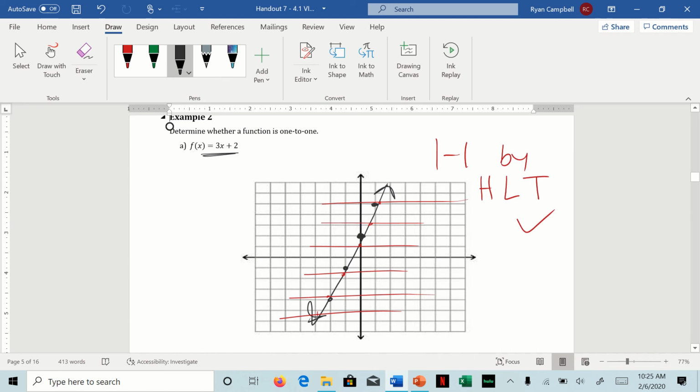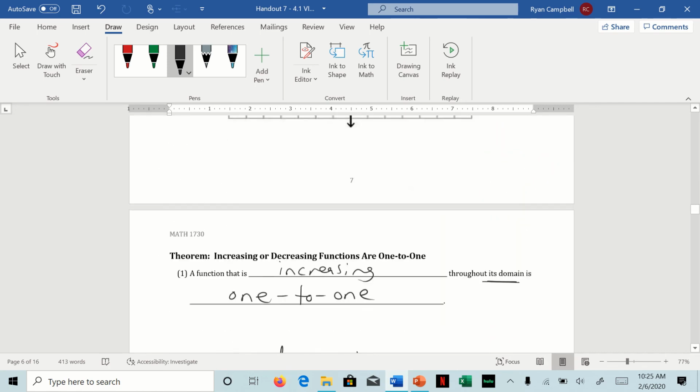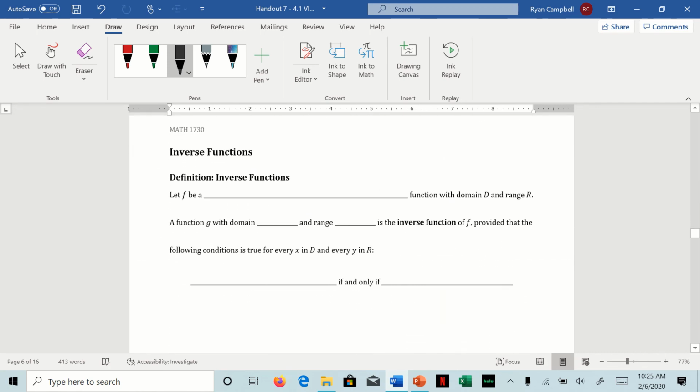It goes increasing from negative infinity to positive infinity. It's constantly going up, and since it never stops or turns, it's going to be one-to-one. Same thing with the second one. Even though it starts at negative 2 in the domain, it's continually going up afterwards, so that's also one-to-one.